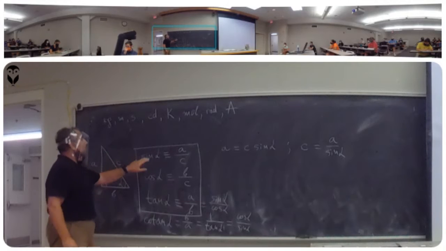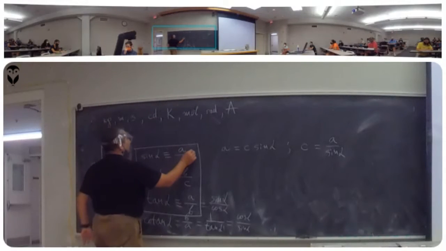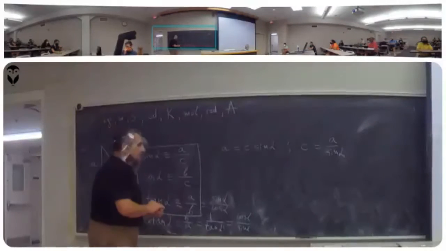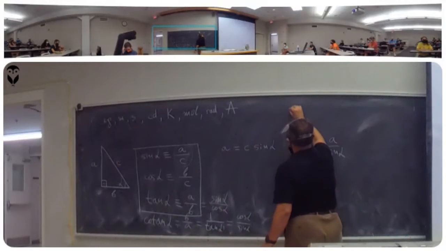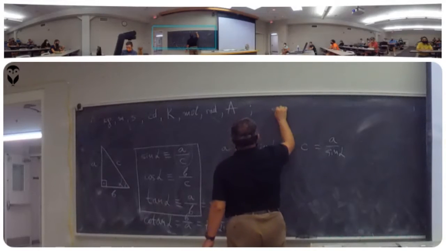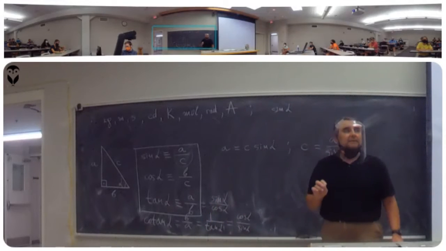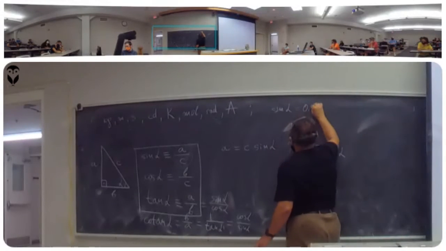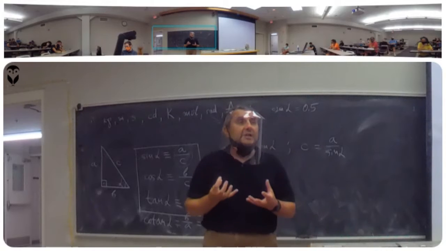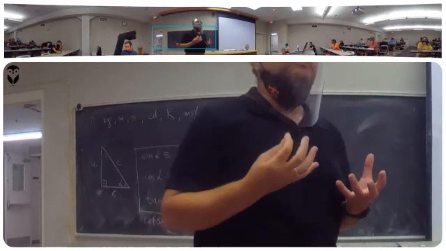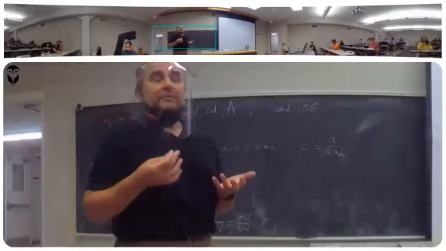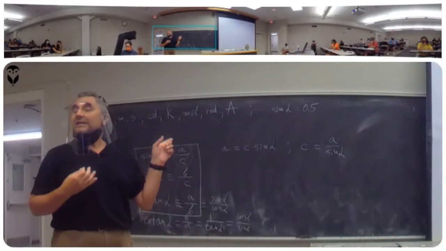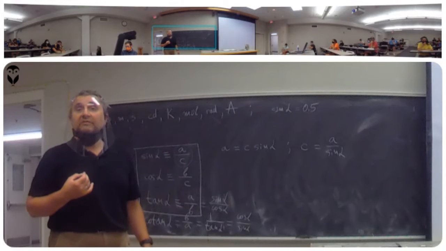Let's say that you're told that a certain angle alpha has sine equal to 0.5. And the question that the problem may want you to answer is: which angle has this particular sine? Which angle has the value of the sine equal to 0.5?